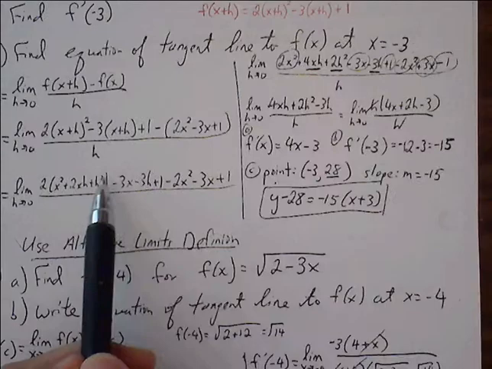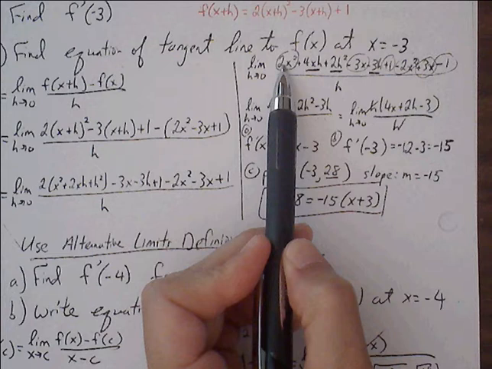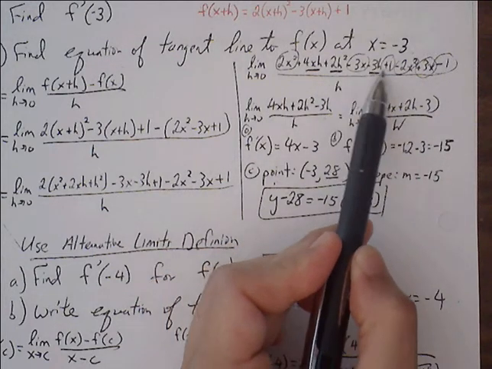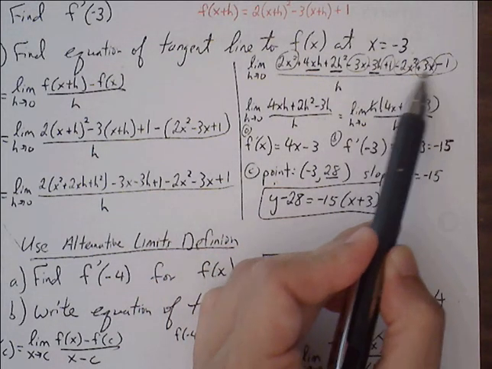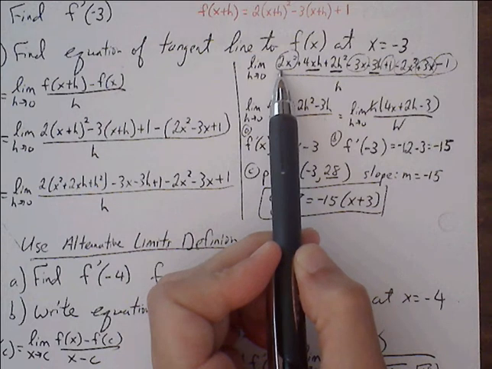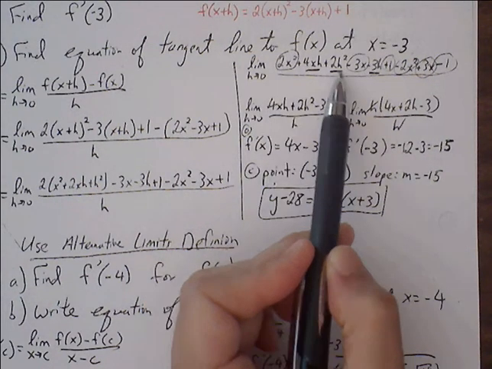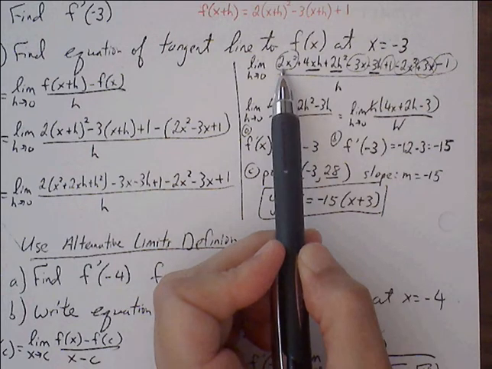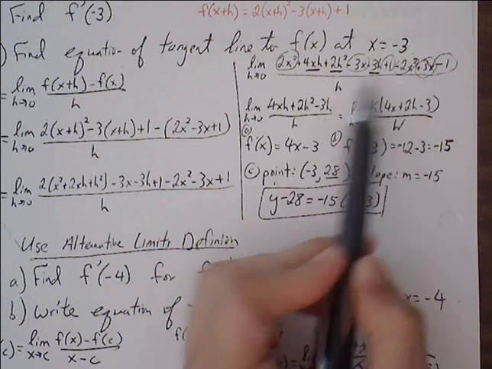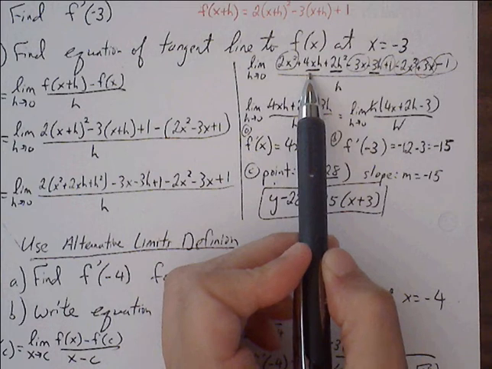Once I've distributed the 2 through, I'm left with all these terms separated by plus or minus, no parentheses, nothing to expand anymore. So now we can look for like terms. 2x squared minus 2x squared will cancel out. 4xh will stay.